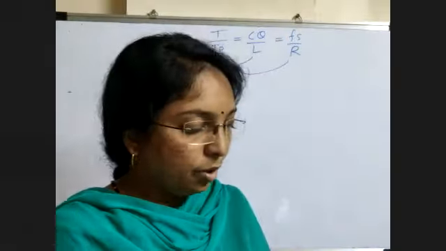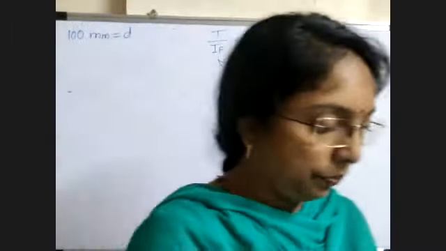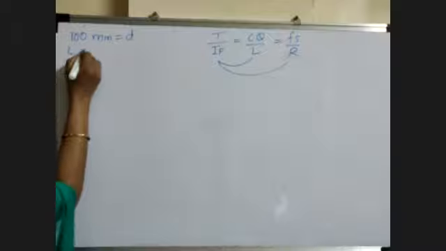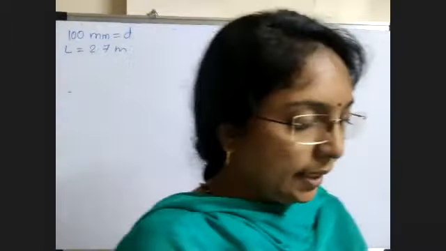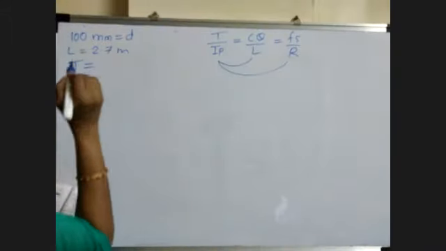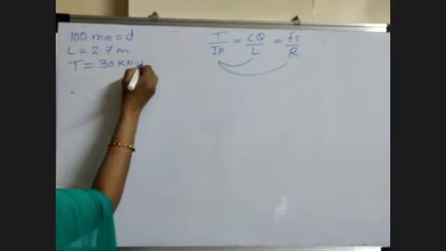A solid circular shaft of diameter 100 mm and length 2.7 meter is subjected to a torque of 30 kilonewton meter.